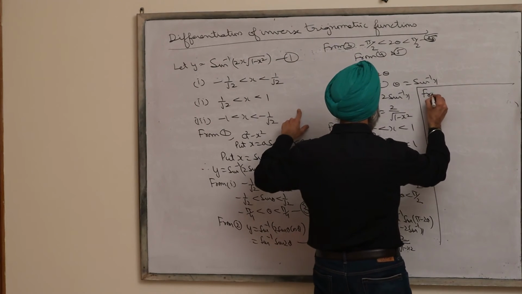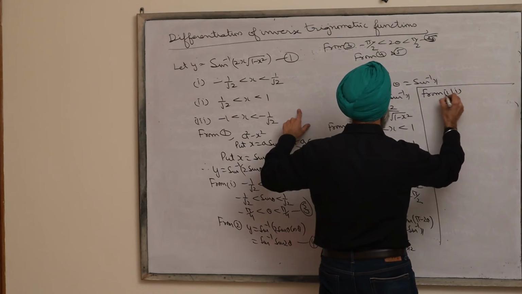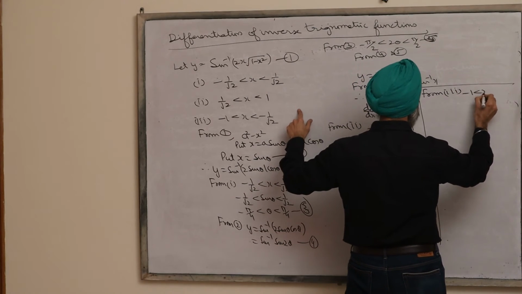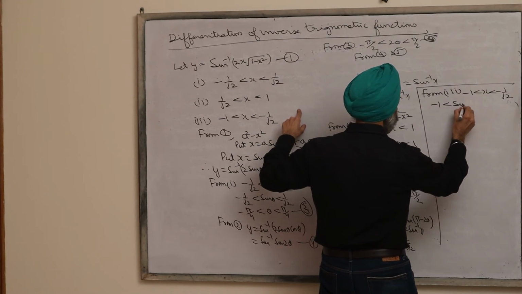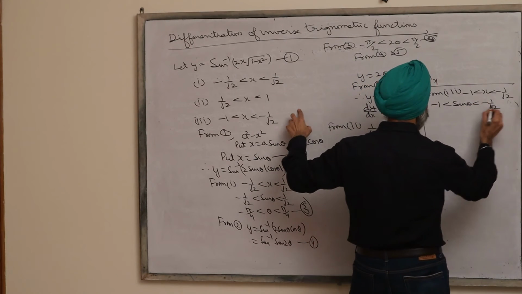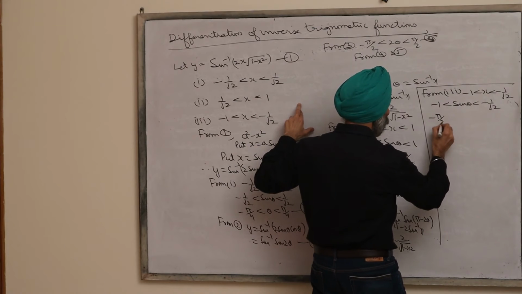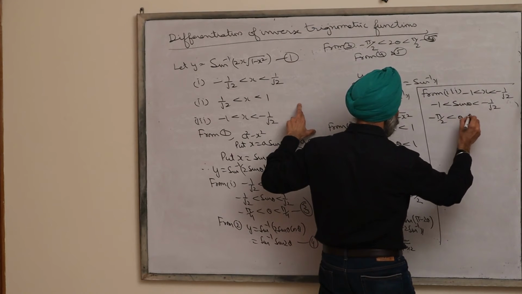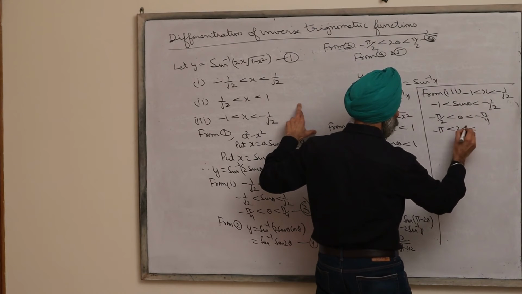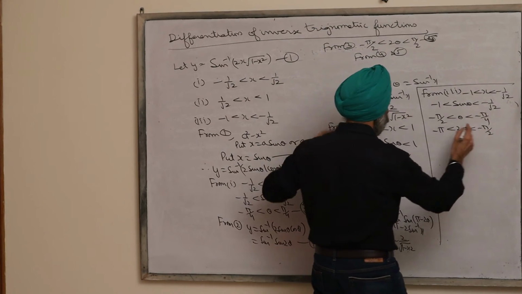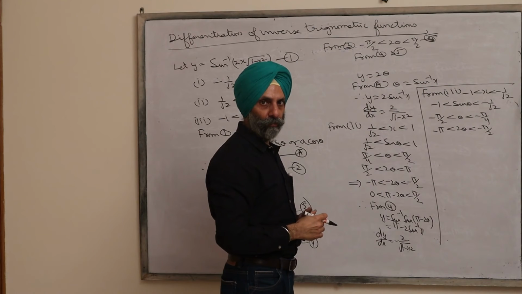Now from third, which is your minus 1 is less than x is less than minus 1 over root 2, that is sine theta belongs to minus 1 to minus 1 over root 2, that is minus pi by 2 is less than theta is less than minus pi by 4, that is 2 theta belongs to minus pi to minus pi by 2, but it is not the principal value branch here.